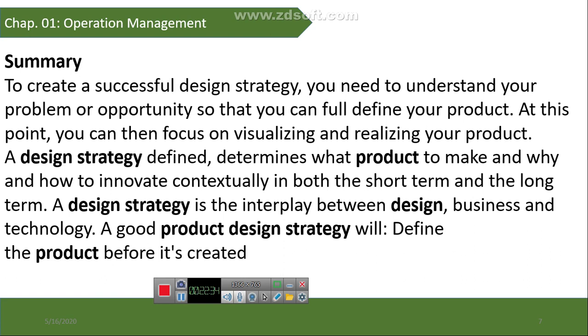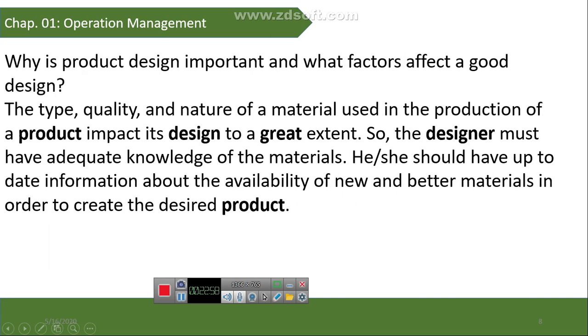A design strategy determines what product to make and why, and how to innovate contextually in both short term and long term. A design strategy is the interplay between design, business, and technology. A good product design strategy will define the product before it is created. So this was all about the product.